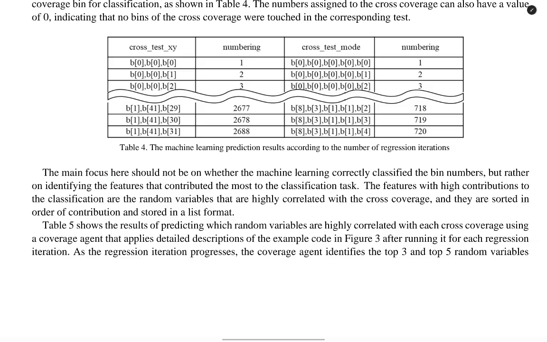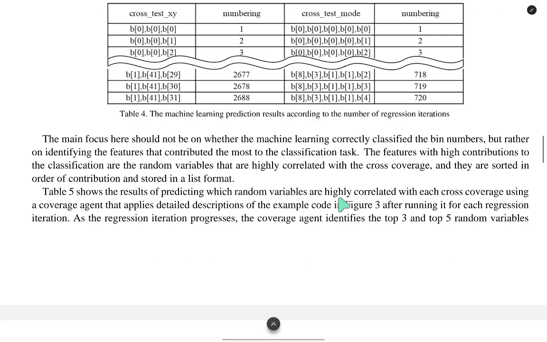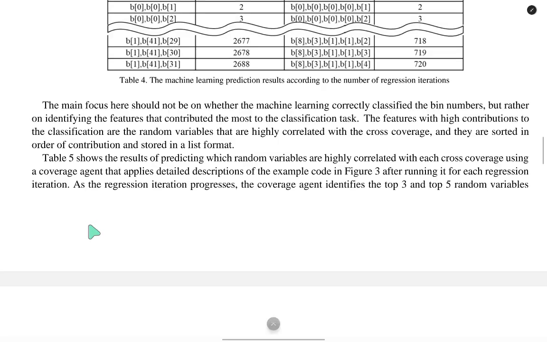Table 5 shows the result of predicting which random variables are highly correlated with each cross coverage, using coverage agent data applied to the detailed description of the example code in Figure 3, after learning it for each regression iteration.